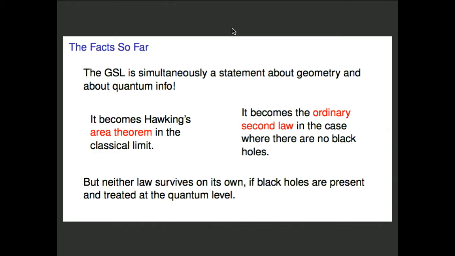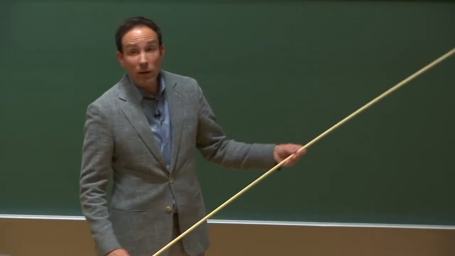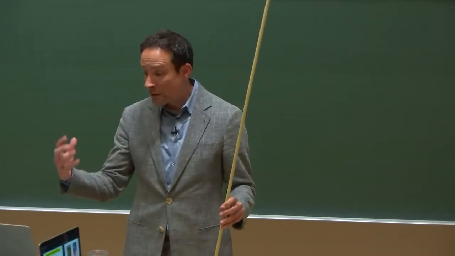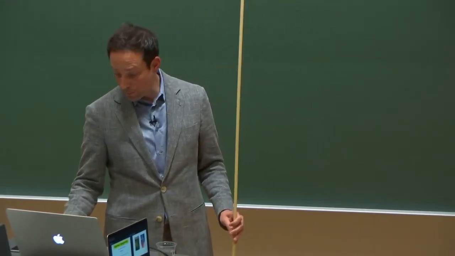But we could also look at it through the angle of saying, well, there was an area theorem, it's broken, can I fix it up so that it works even with quantum corrections included? Right? In a sense, it unifies those 2 statements. It becomes the ordinary second law in the case where there's no black holes around, and it becomes the area theorem in the classical limit. But really, neither law survives on its own. You need the generalized second law if black holes are present and treated at the quantum level.